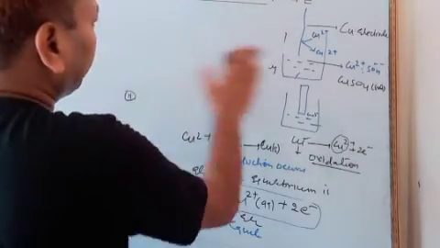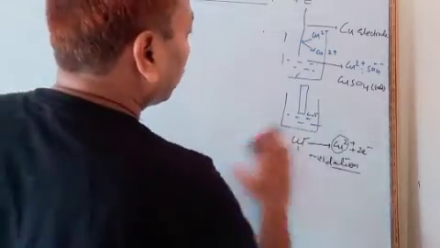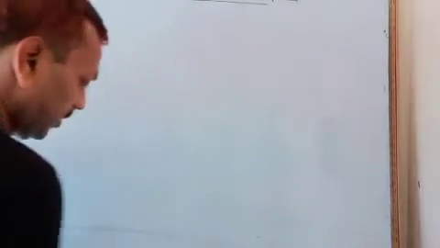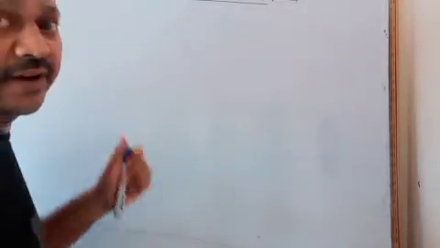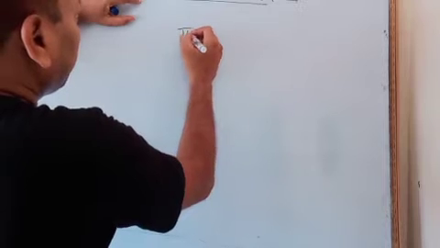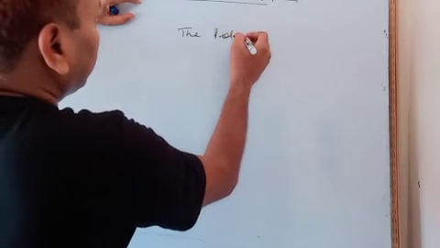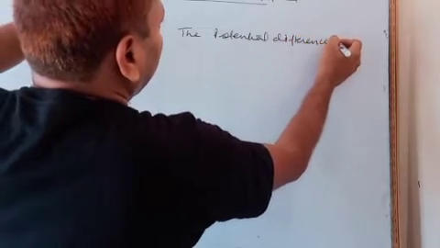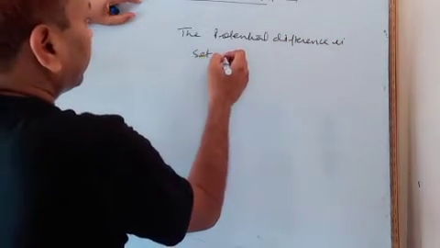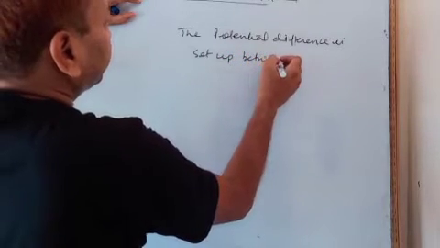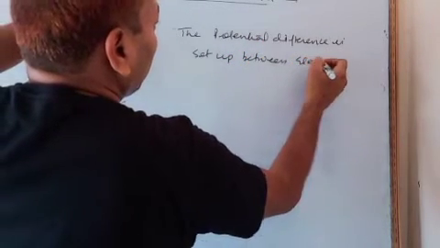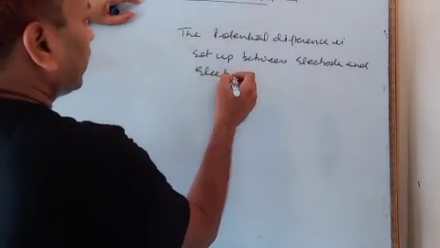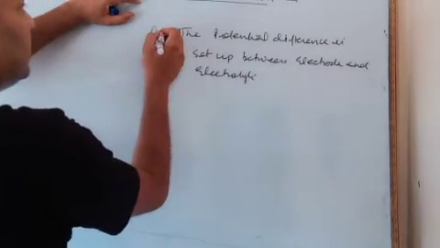So we are going to write the correct definition: the potential difference is set up between electrode and electrolyte. This is the keyword.